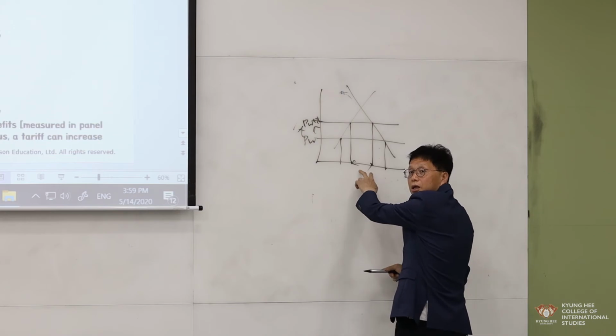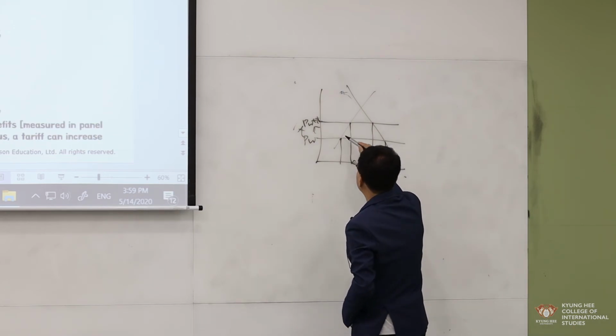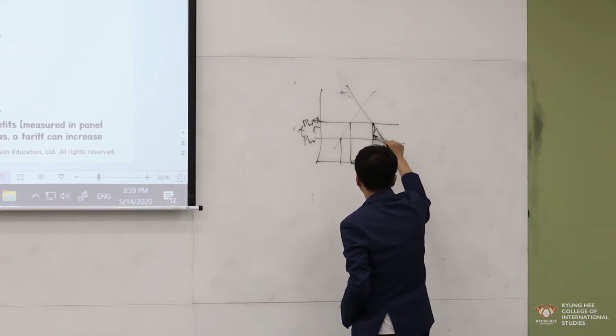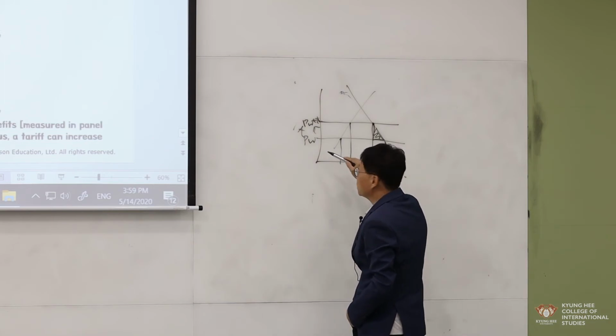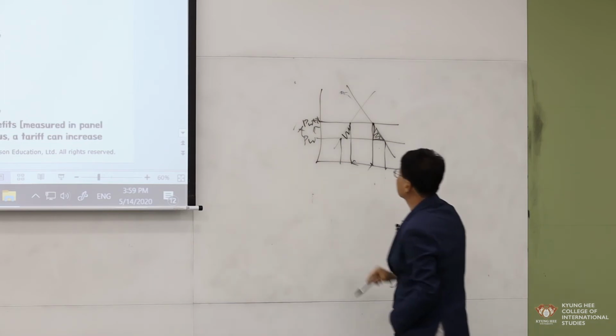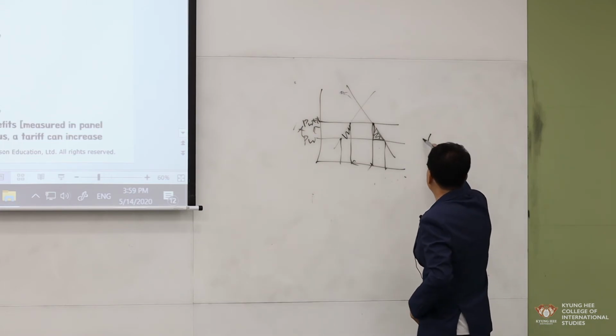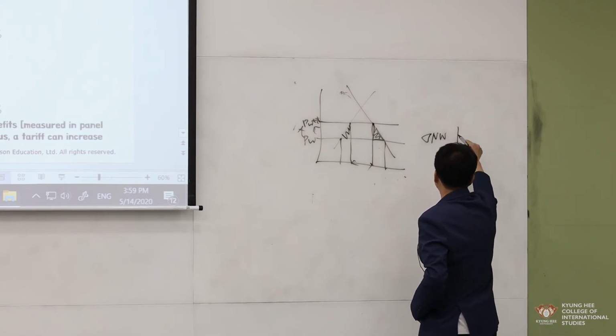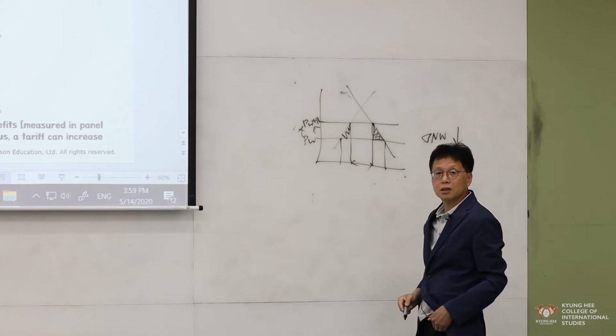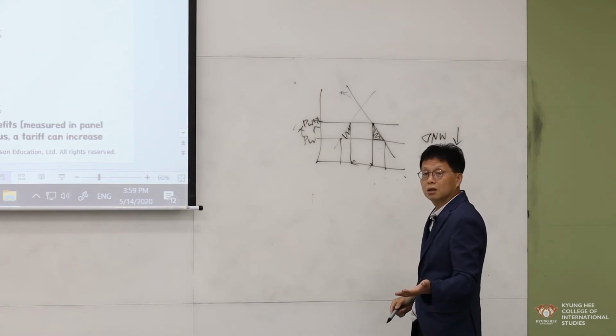Right? And we calculate the decrease in consumer surplus is this one. The increase in inefficient producer surplus is this one. That is the deadweight loss. So definitely change in national welfare is negative after imposition of tariff. Right?